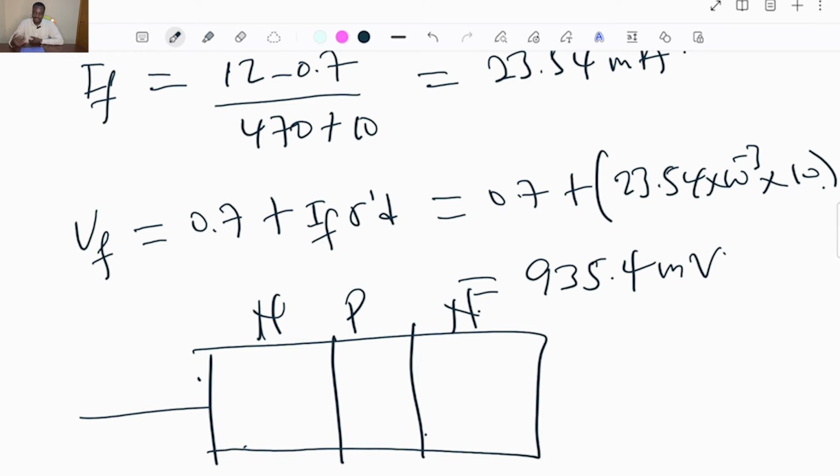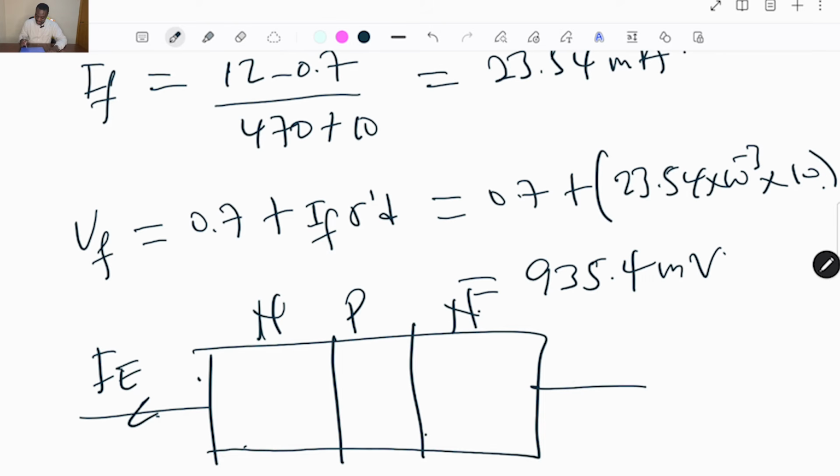So the movement of the holes is in the opposite direction of the movement of electrons. So if the electrons are moving this direction, that means the holes are moving the opposite. So when it comes to the current, we have the emitter current moving in the opposite direction to the movement of electrons.